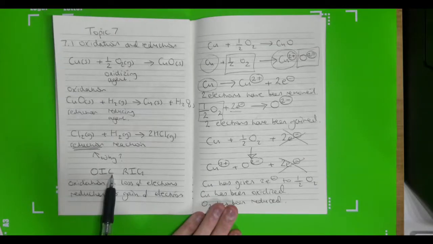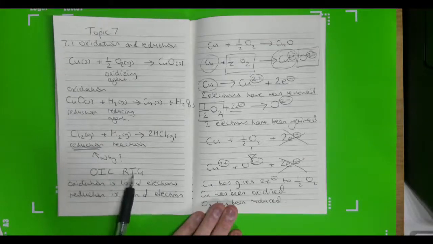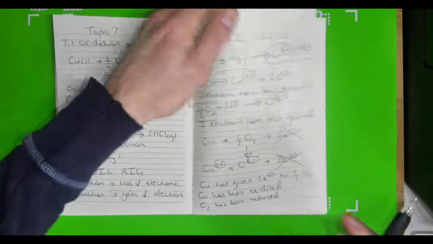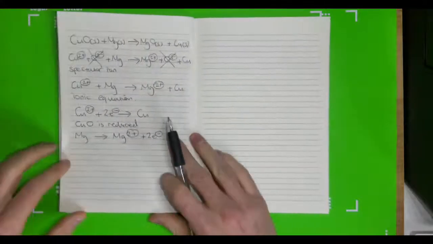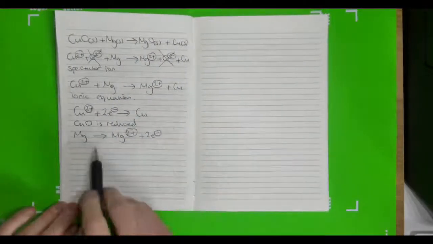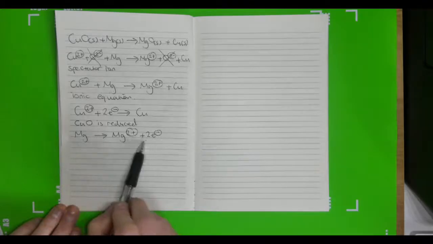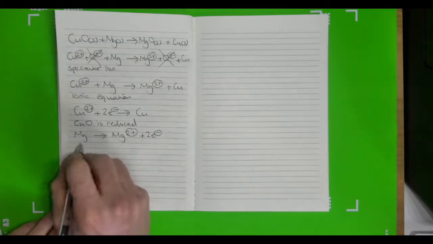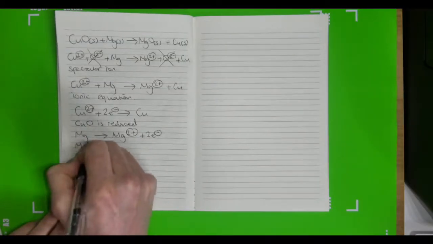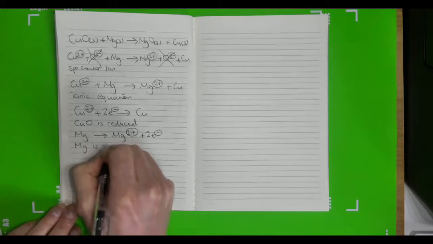Oxidation is loss of electrons, but reduction is gain of electrons. So what I've done here is I've lost electrons. So we say that the Mg is oxidized.